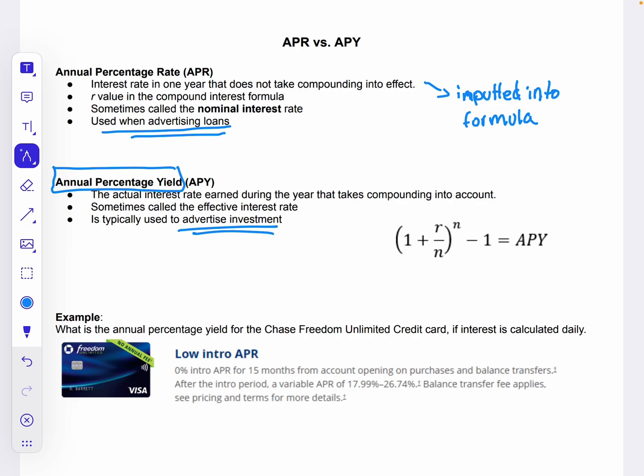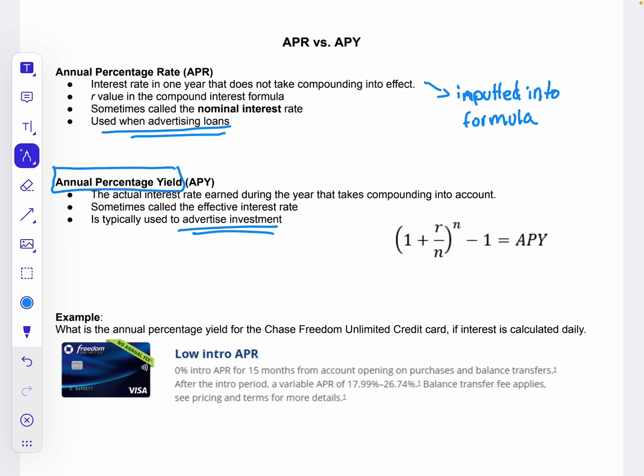So if you just go research investment accounts, they're going to show you what the APY is, not the APR. Now, legally, both loans and investments have to give you both. And so if you do read the fine print, you can find the APR or the APY for any given one of these accounts. But for what we're going to be doing in here, we want to be able to take our annual percentage rate and turn it into that actual annual percentage yield. How much did that percent grow?